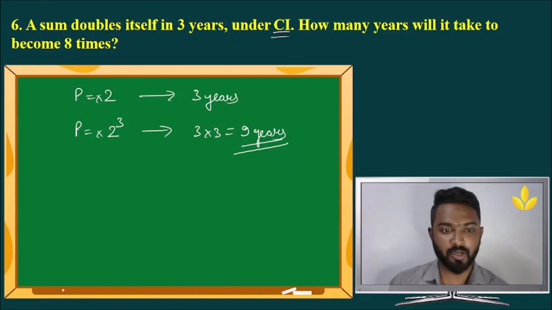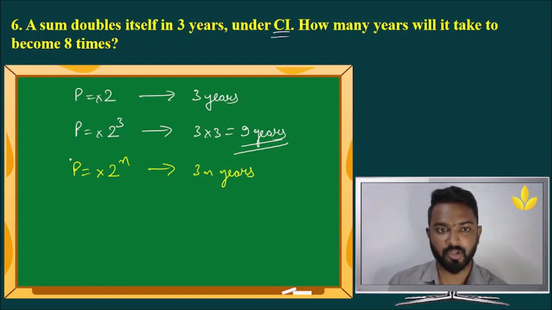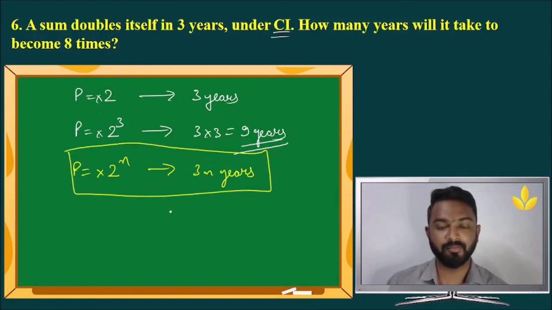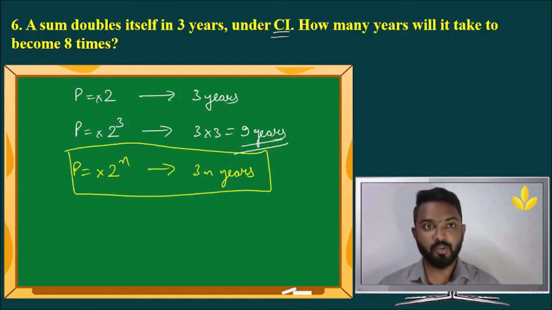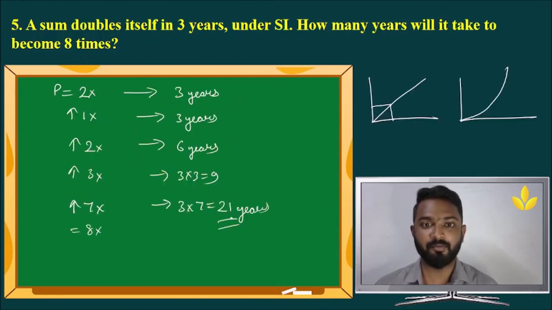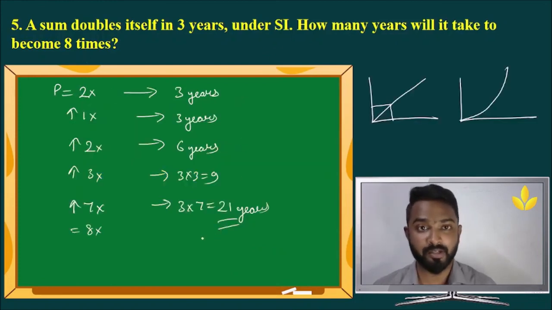Because of the shortcut which goes like this: P becomes 2 power n times in 3n years. That is the shortcut. So for the sum to become 8 times, for compound interest it took 9 years, and for simple interest it took 21 years. That is why people love compound interest so much.